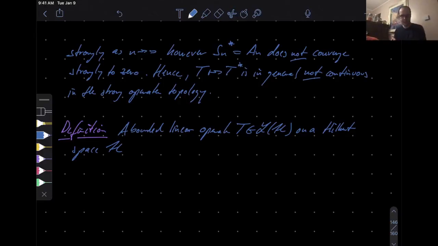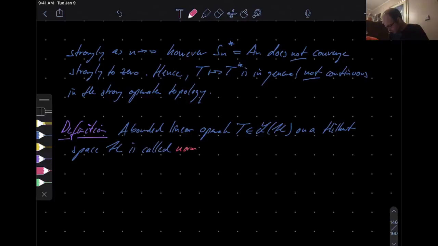This is in the Hilbert space case, because the defining equation for the adjoint, that you can move the action of T from one entry in the inner product to the other entry, needs an inner product, so there's no meaning for an adjoint in a Banach space, right? On a Hilbert space H is called normal.